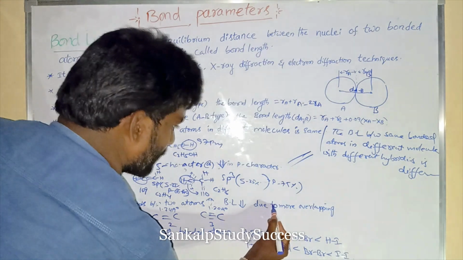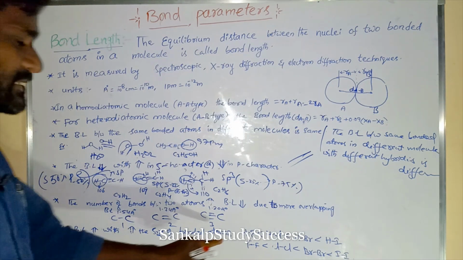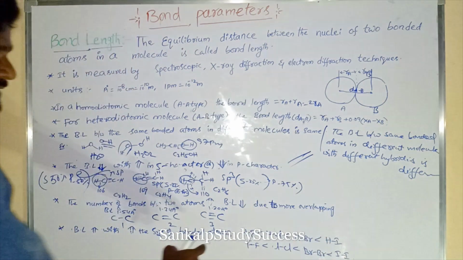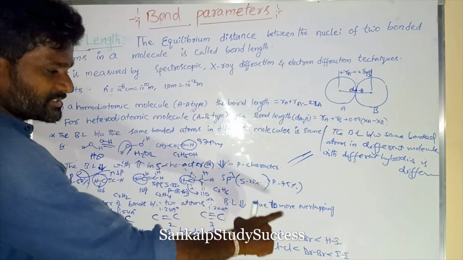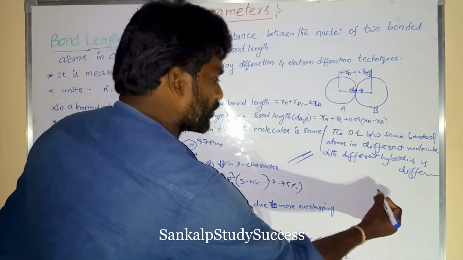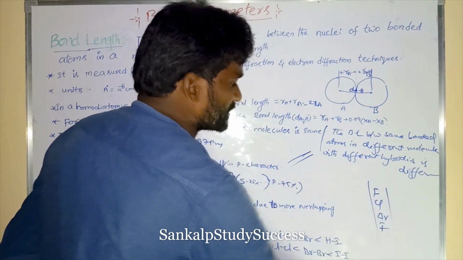Next point. So this is the H of HCl, HBr, HI. All these molecules contain the same H atom, H is common, but fluorine, chlorine, bromine, iodine are in the 7A group.